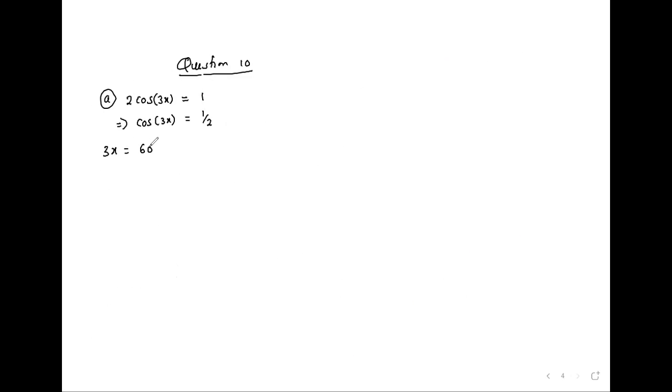Remember, the interval is from 0 to 360. So now, what is the other angle within that interval that you can equate to 3x? So 3x is equal to 300, because we're dealing with cos, and cos is positive in the fourth quadrant. So 360 minus 60 gives 300.